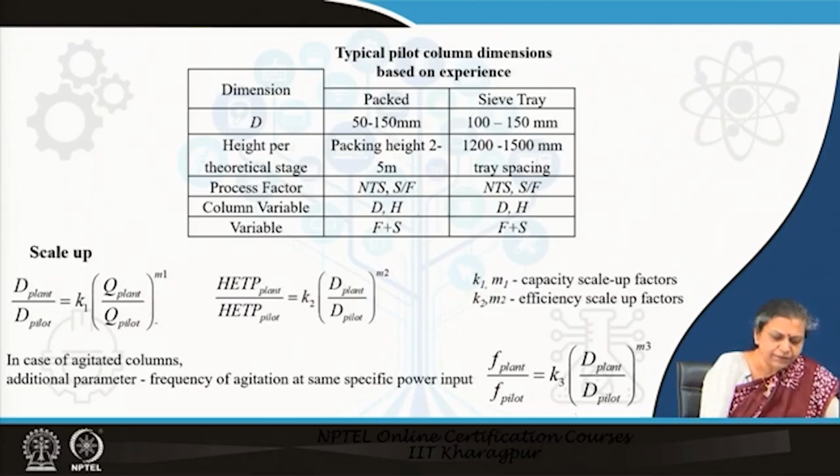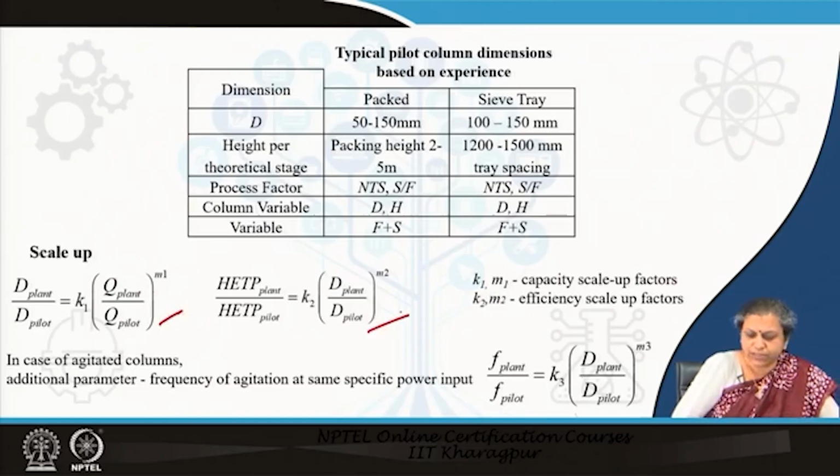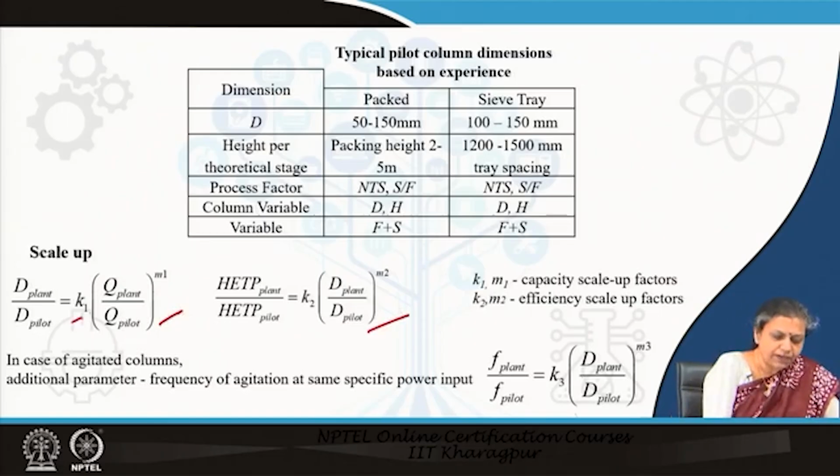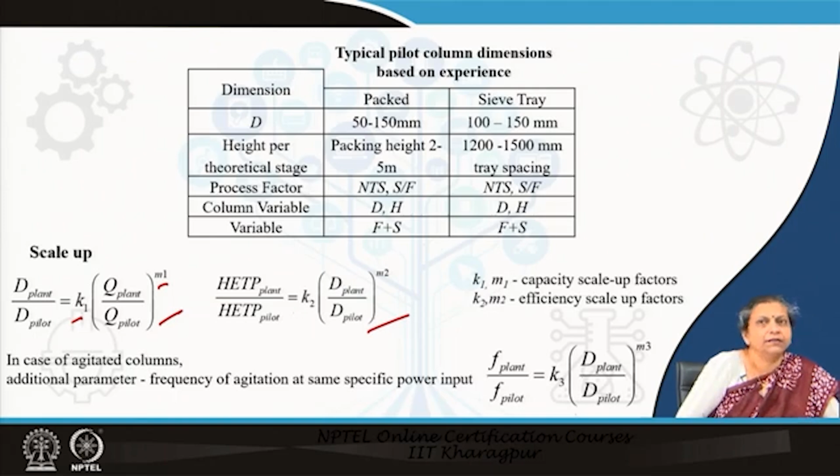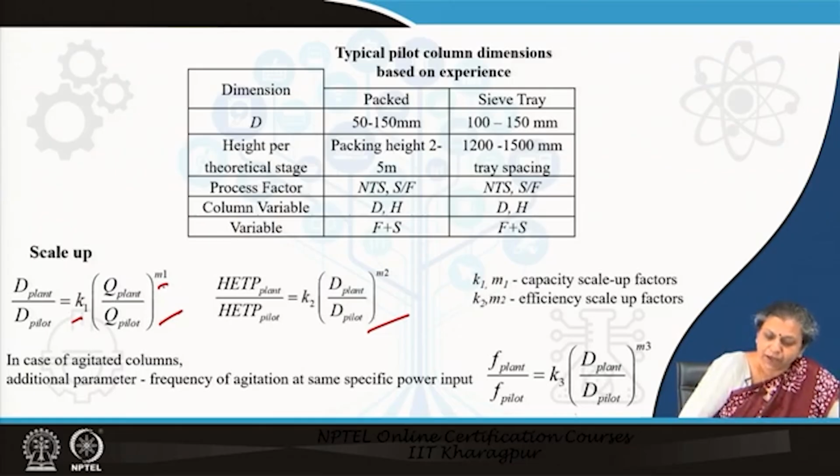These two are the parameters which have to be decided based on the pilot plant data. And normally these are the two equations which are used, where K1, M1 are decided based on the particular contactor that you are selecting. K1 and M1 naturally refer to the capacity scale up factors, and these two refer to the efficiency scale up factors.